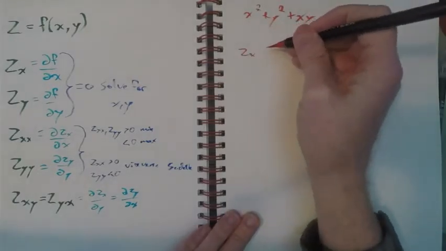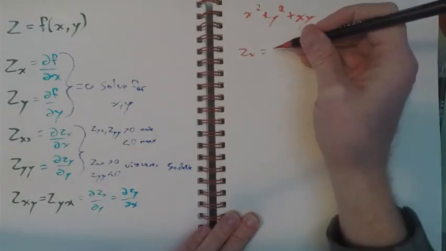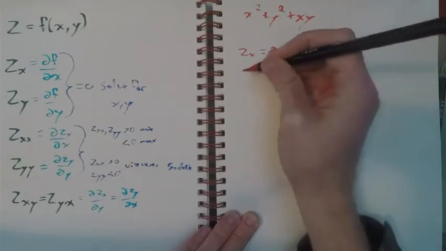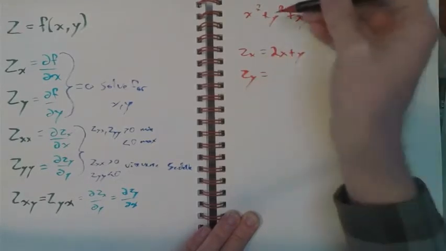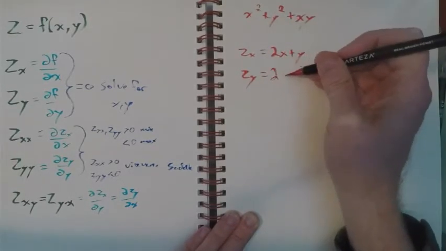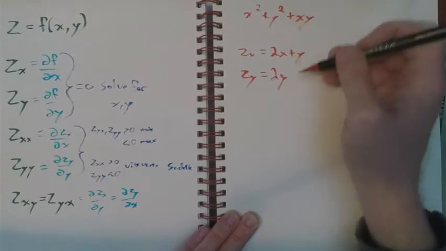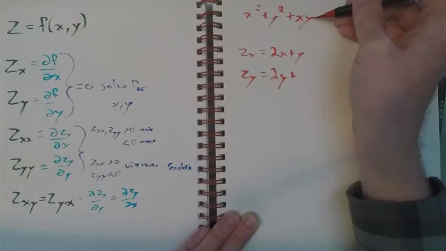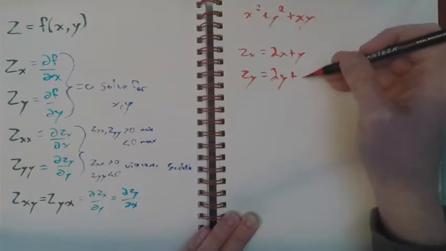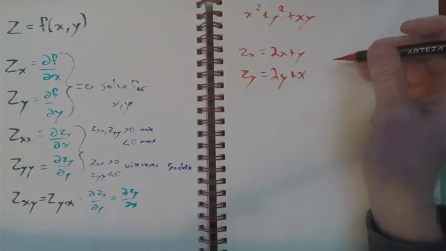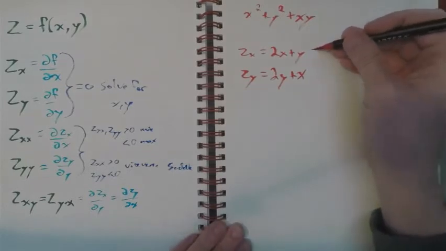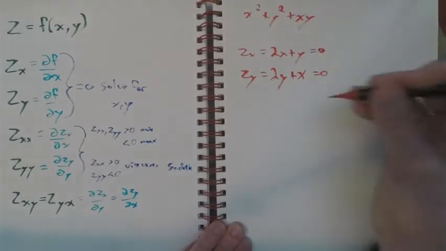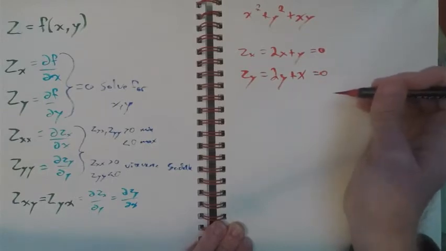Well, zx is going to be 2x plus y. Zy is going to be, bring the exponent down, 2 times y to the power of 1, plus the derivative of this term with respect to y, treating x like a constant, which leaves us with x. Let's go ahead and solve these now. So these are going to be equal to 0. Let's just throw them together.